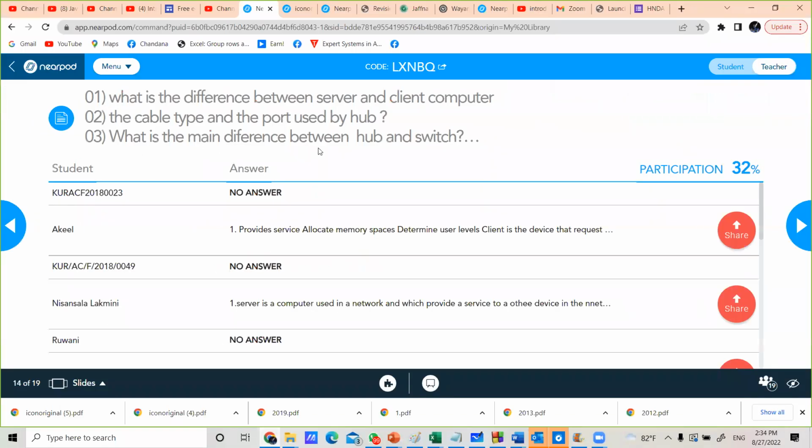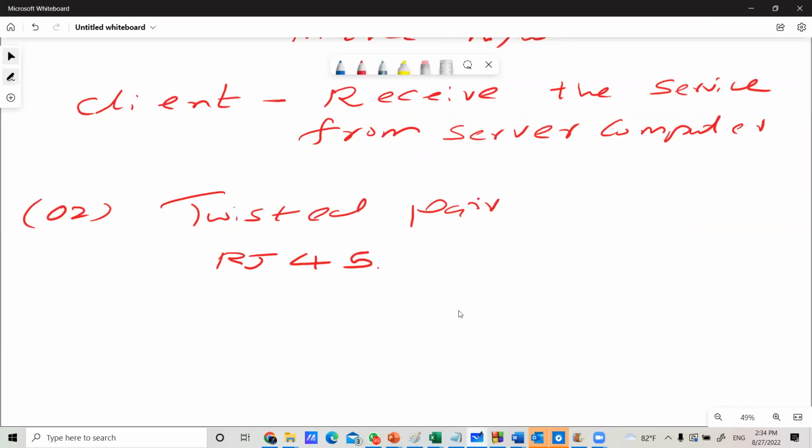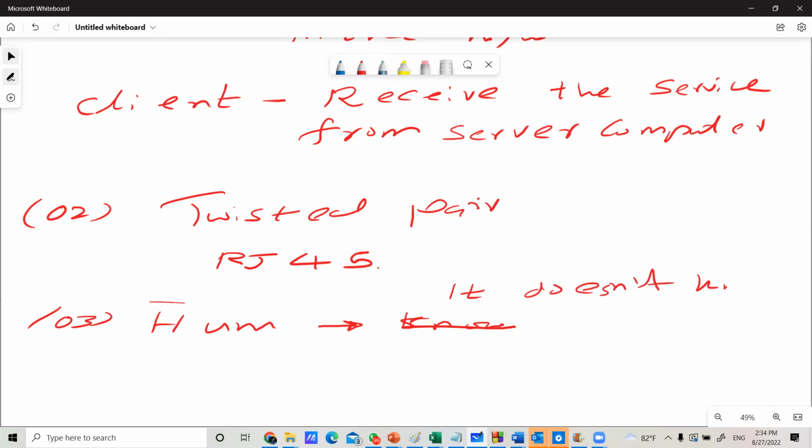Then what is the main difference between hub and switch? Then you can say simply, a hub doesn't know the path.